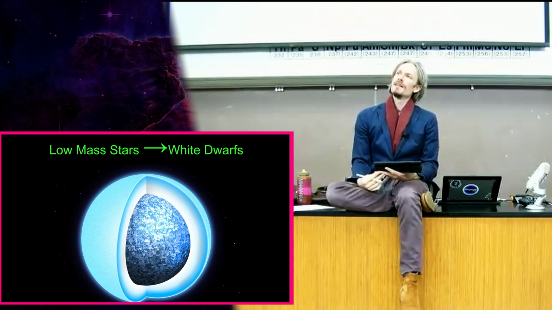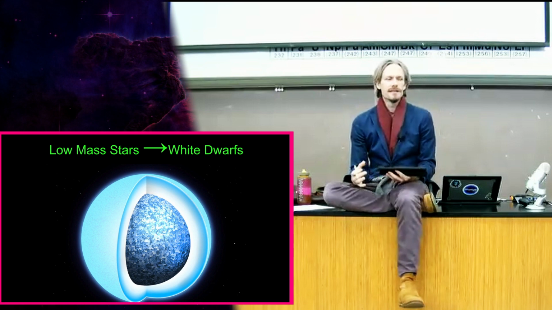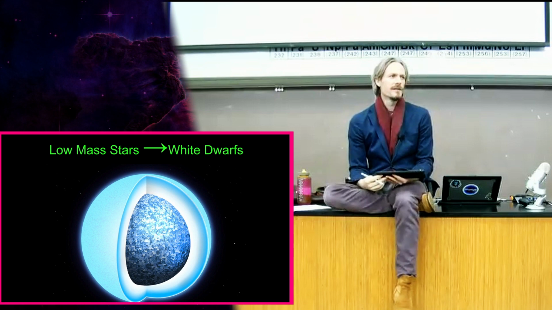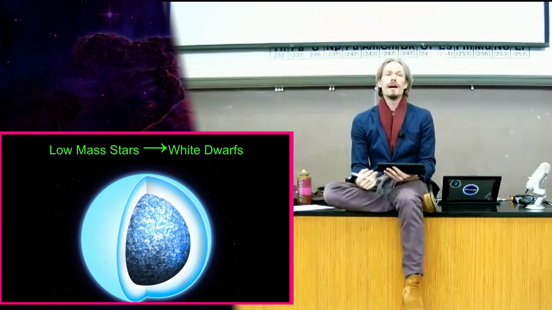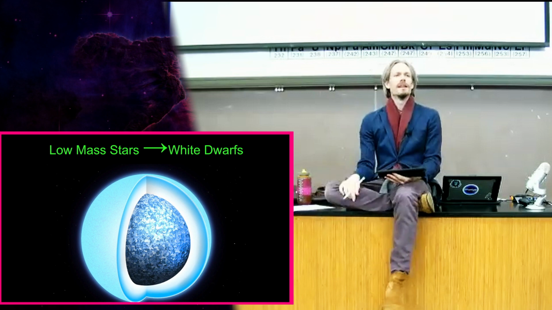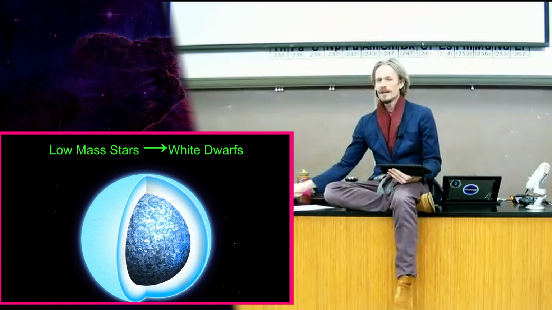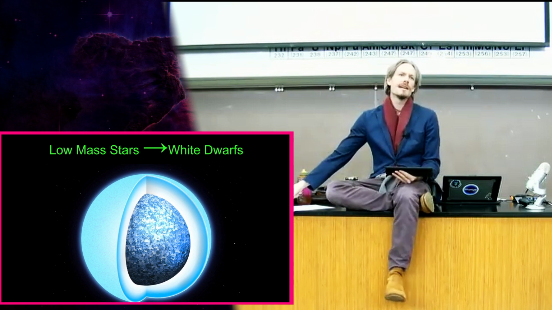Now, what's kind of funny is that these white dwarfs are primarily composed of this degenerate electron gas. But what's really interesting is that a metal also is technically a degenerate electron gas. Now that's really weird because you might think a metal is solid. Why in the world would we call it a degenerate electron gas? Because it behaves exactly the same.